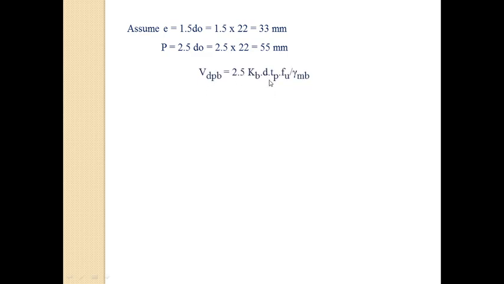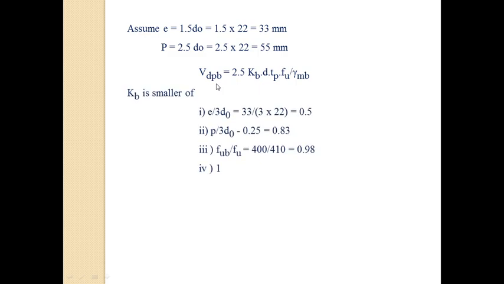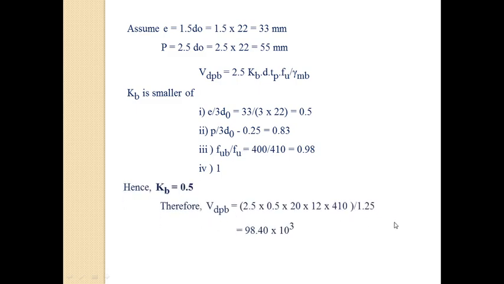So putting all the values in the formula of VDPB, first of all we calculate the value of KB. Putting the values in the formula of KB, we get the minimum value of KB as 0.5. So putting all values in the formula of VDPB, we get 98.40 into 10 raised to 3 Newton, that is VDPB is equal to 98.40 kilonewton.